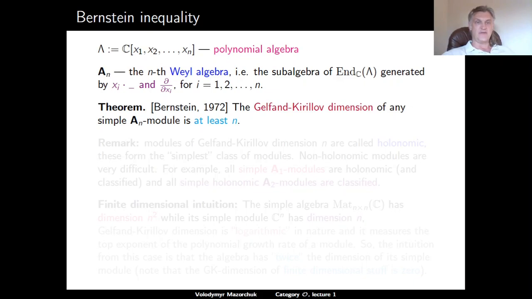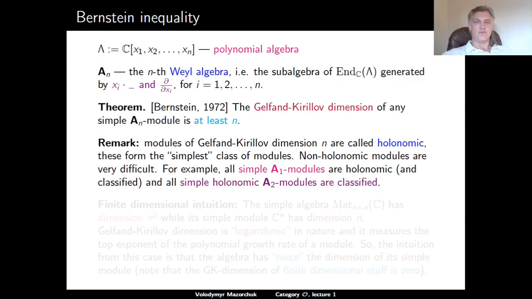At the same time, the Gelfand-Kirillov dimension of the regular module, so the Gelfand-Kirillov dimension of the algebra AN, is 2n. So this inequality says that the Gelfand-Kirillov dimension of any simple module is at least 1/2 of the Gelfand-Kirillov dimension of the algebra.